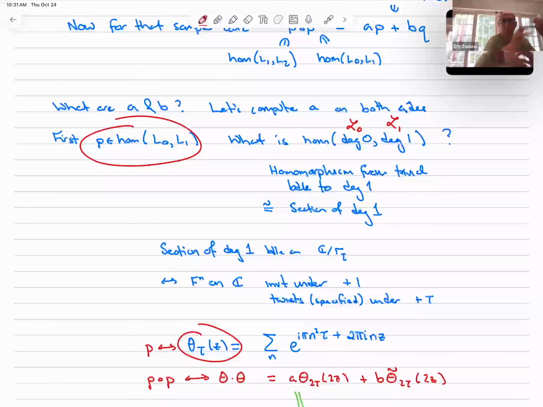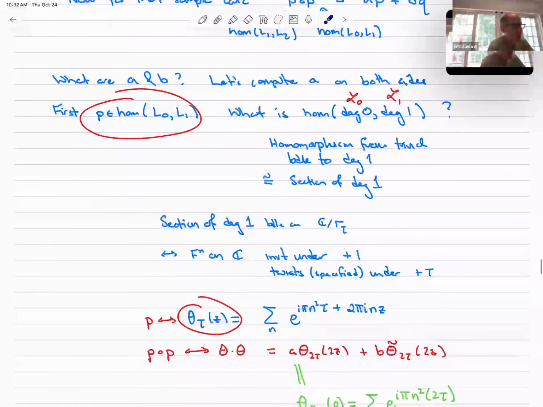And now, so like there's some double sum, and it actually can be expressed in closed form by using the same function.